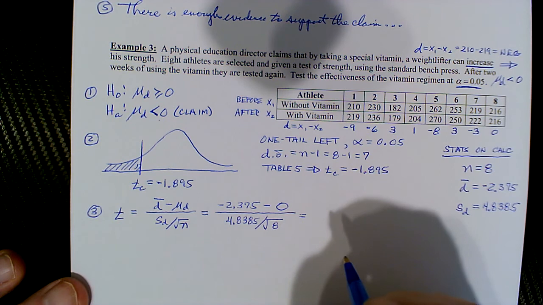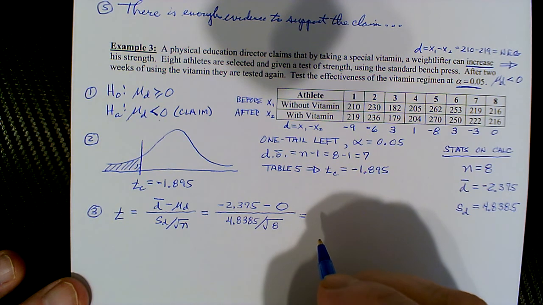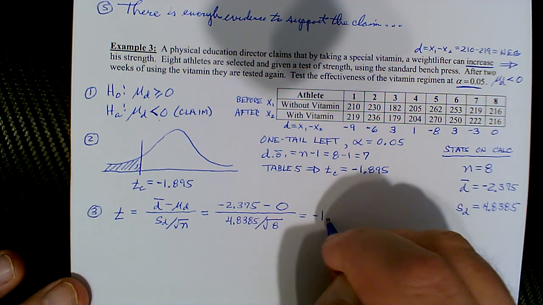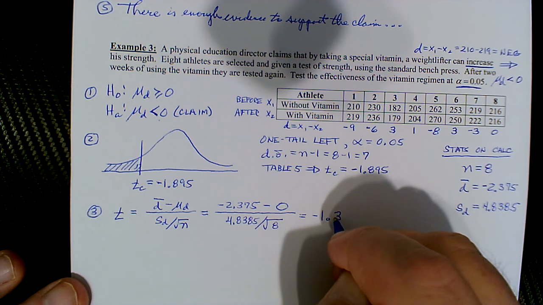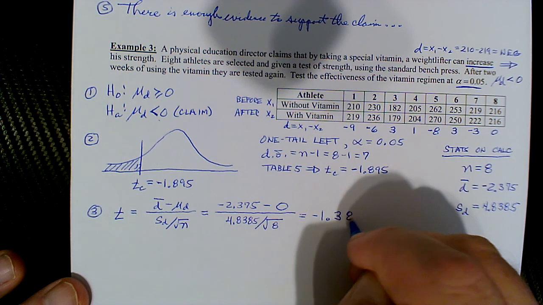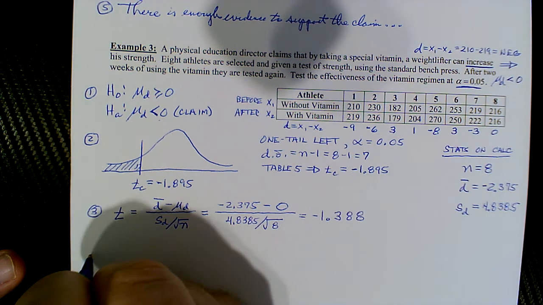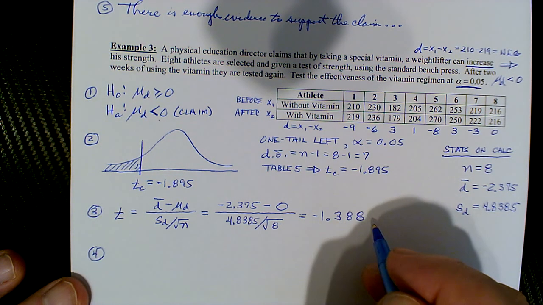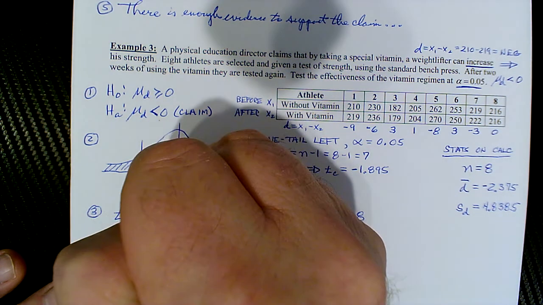And so our standardized test statistic, double check my calculations, get minus 1.388. So then our decision. Where does minus 1.388 fall? Remember, 0's down the middle.